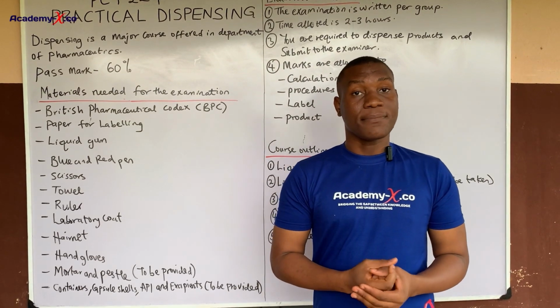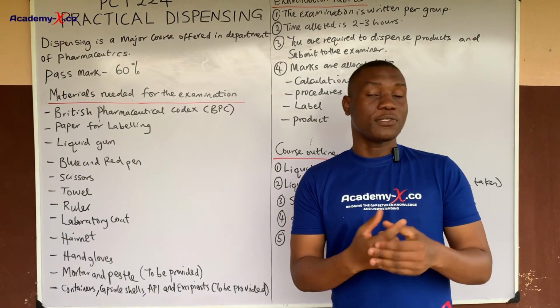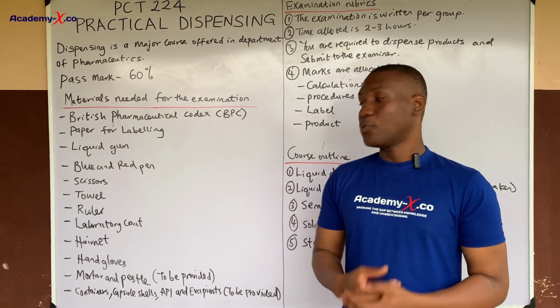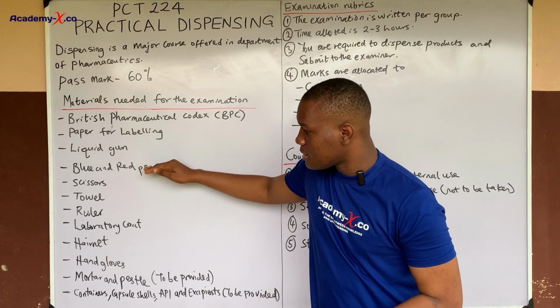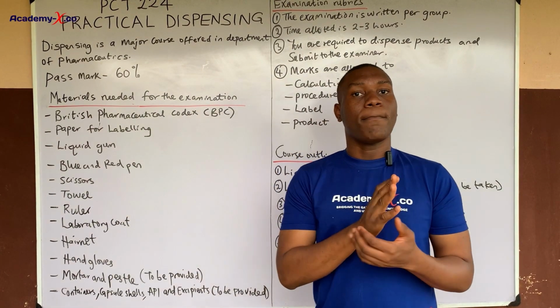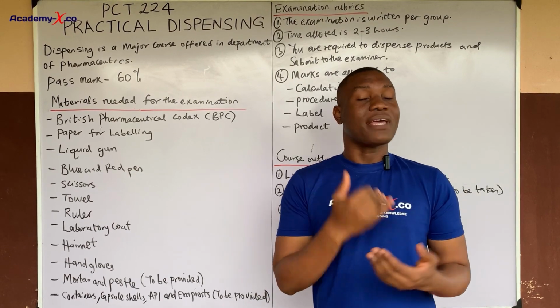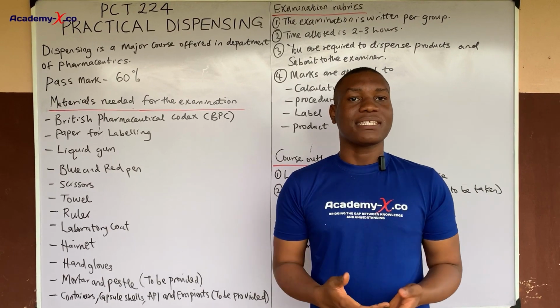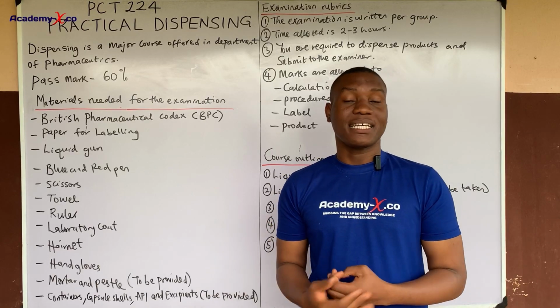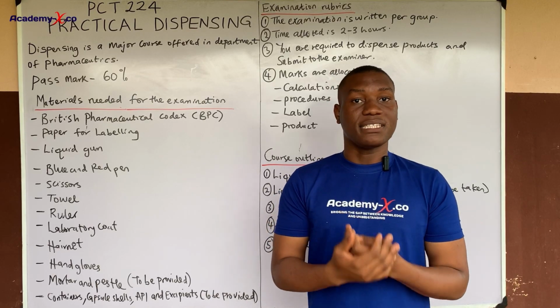You don't need to bring them into the exam hall or the practical exercise. They are going to provide all this for you, but the other items have to be provided by you, and you will not be allowed into the practical exam or the normal laboratory exercises without having them with you.